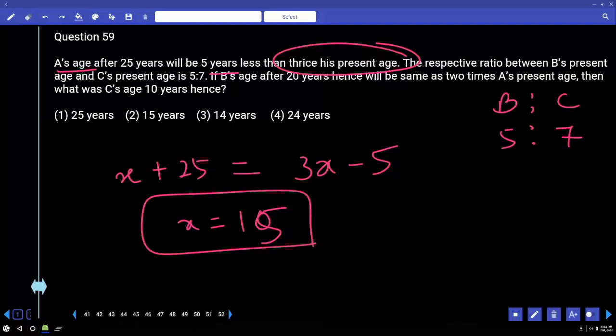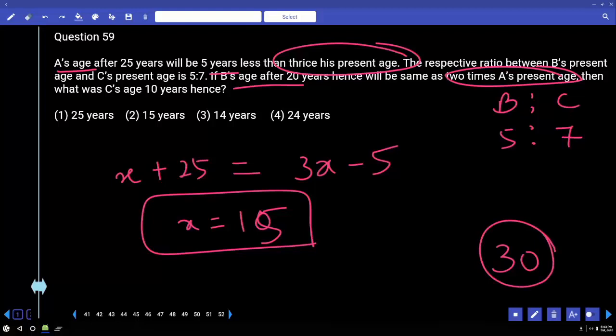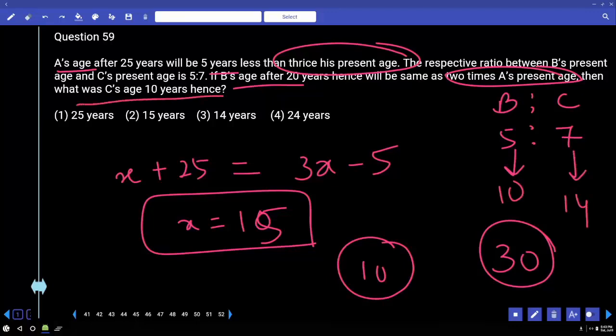And the respective ratio between B's present age and C's present age is 5:7. B's age after 20 years will be the same as 2 times A's present age. 2 times A's present age means 30. This is after 20 years. What is the present age of B? 10 years. If 5 represents 10, 7 represents 14. Then what is C's age after 10 years?